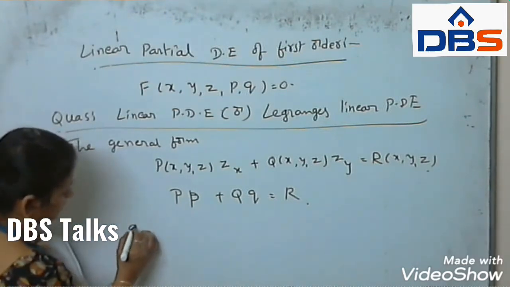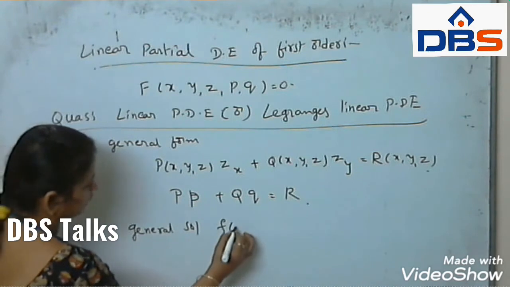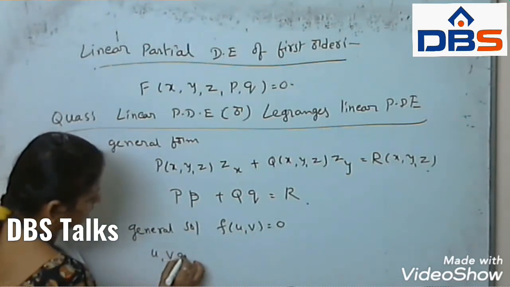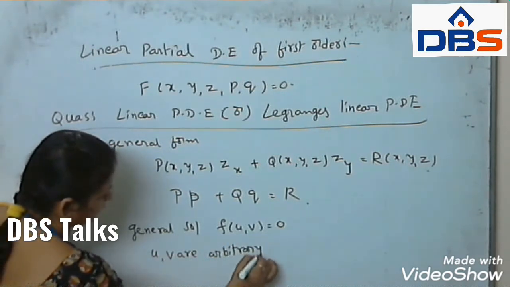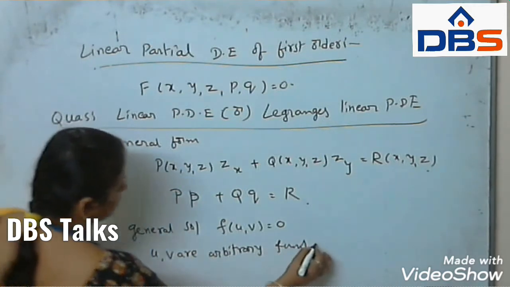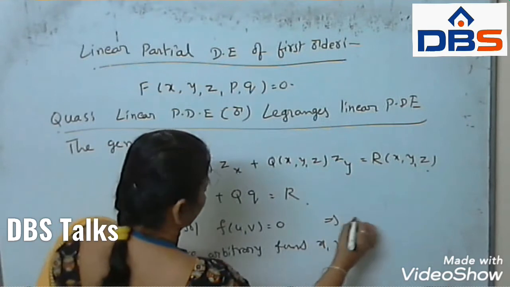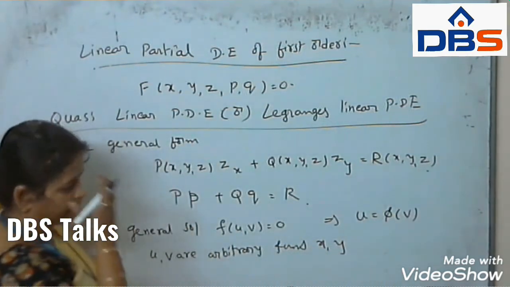The general solution is f(u, v) equal to 0, where u, v are arbitrary functions of x, y. This can be written as u equal to phi of v, or v equal to phi of u.